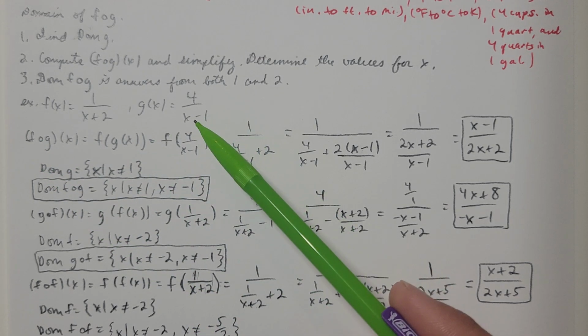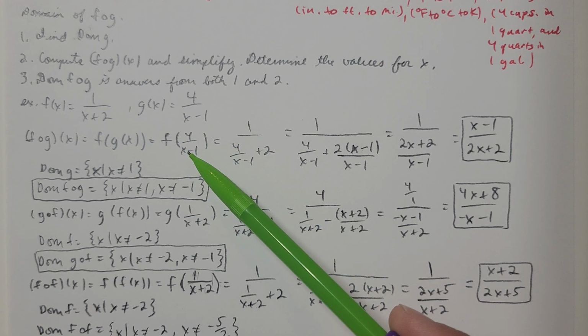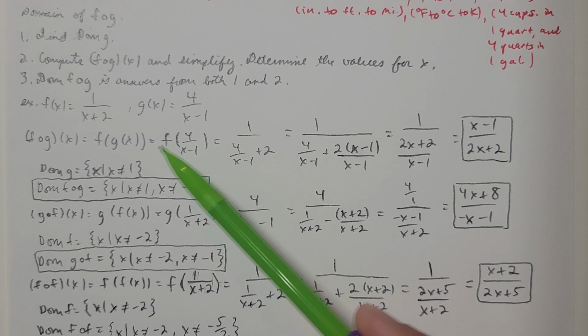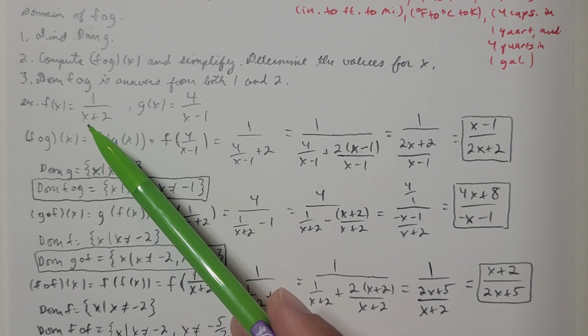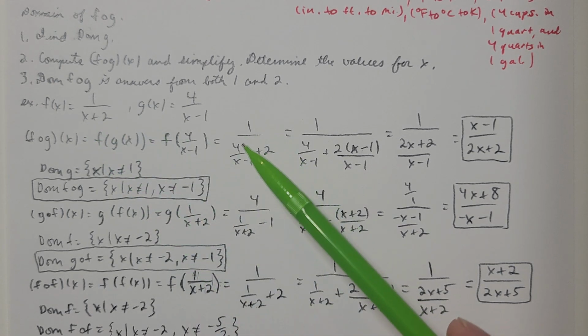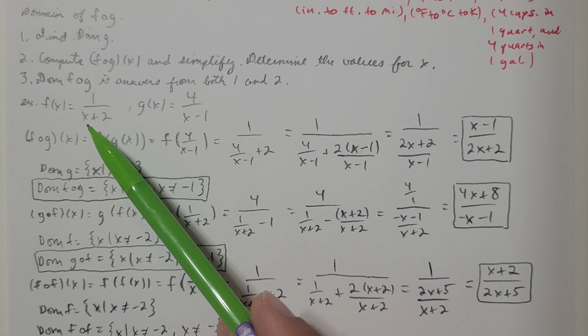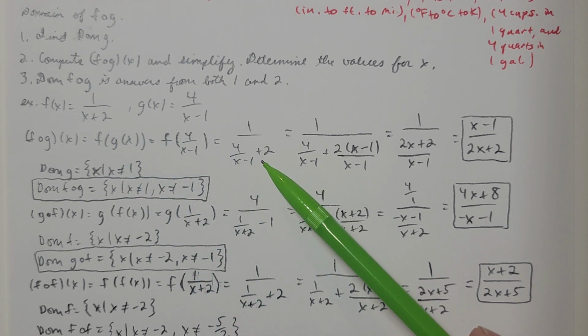Now, g of x is 4 over x minus 1. So I need to find f of 4 over x minus 1. Everywhere there's an x in f, I need to replace that with 4 over x minus 1. There's only one x showing there, so let's go ahead and replace it. I get 1 divided by 4 over x minus 1 plus 2.